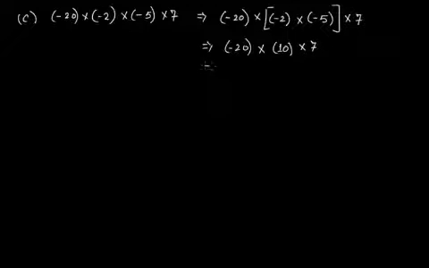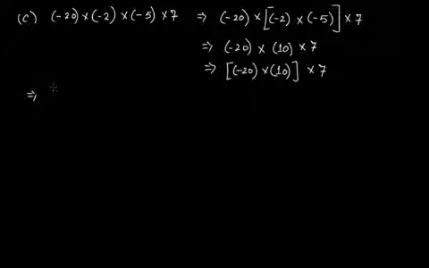Now what? You can either group together minus 20 times 10 using the associative property and then 7, or the other way could be minus 20 and you group together 10 and 7.